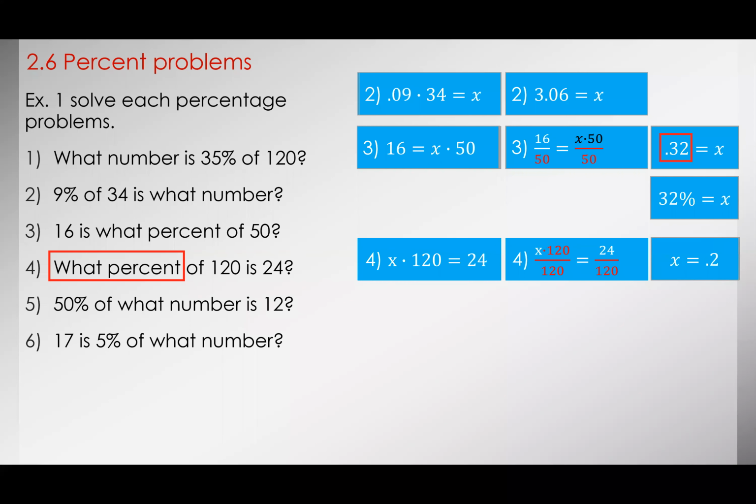And if you have 0.2, do you agree that that is not my answer because they asked me what percent? 0.2 means 20%. You have to move the decimal 2 places, or multiply by 100. You remember that's what you need to do. You take the decimal, multiply by 100 to get the percentage, okay?